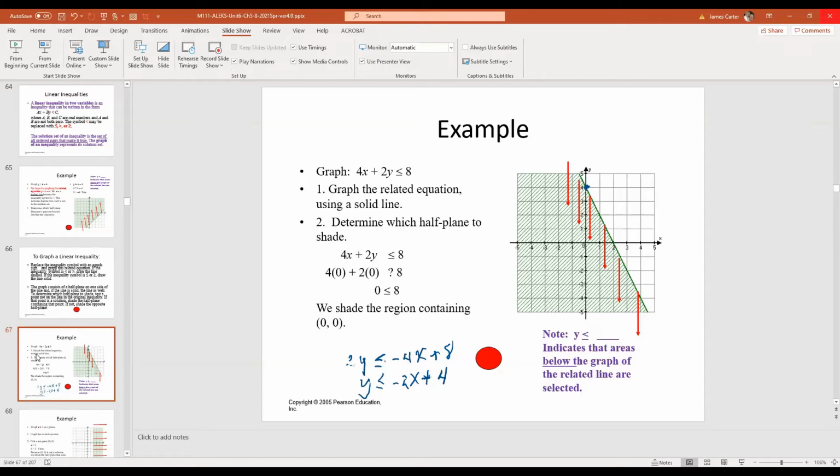Now, after I've drawn my solid line, I look at this symbol when it's in y-intercept form. It's everything smaller than or equal: all y values that are smaller than the ones on the line. So for this point right here, all of these are smaller than that y value of 4.